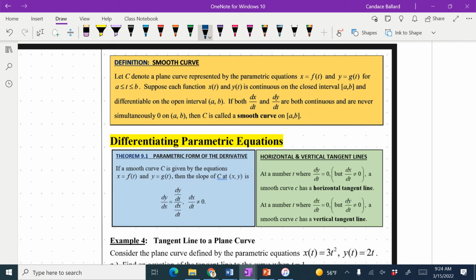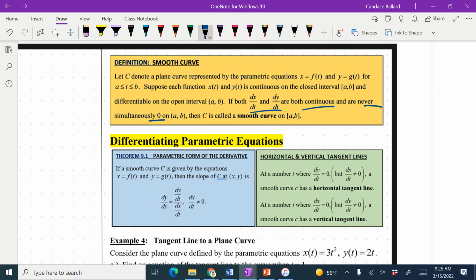Sounds like the mean value theorem, right? And the derivatives both have to be continuous and never simultaneously zero. If that happens, it's a smooth curve. Okay. Probably not going to give you one that's not a smooth curve. Probably wouldn't see one on the AP test that's not a smooth curve, because they wouldn't be getting out of the question what they need to get out. They're not going to try to trick you.